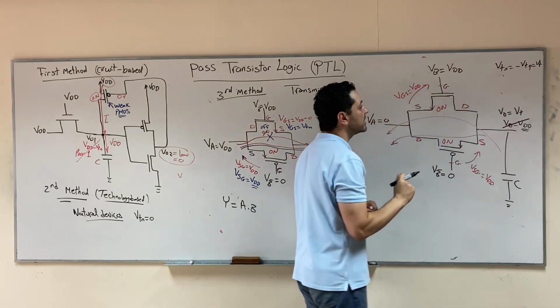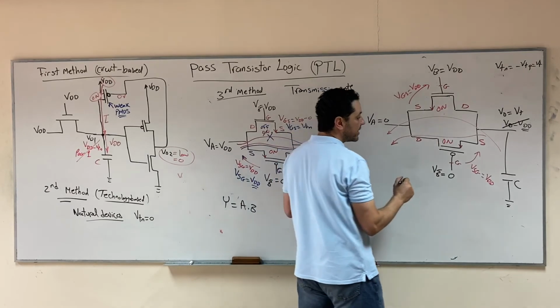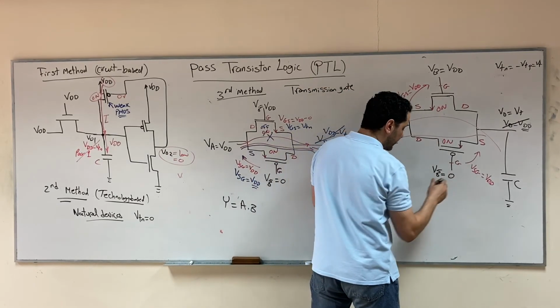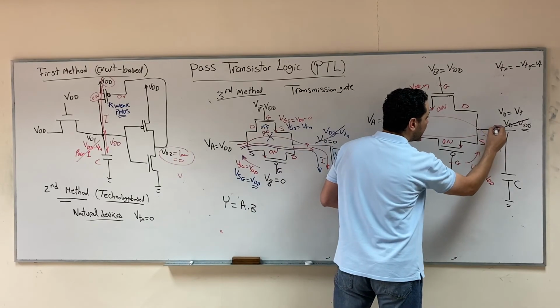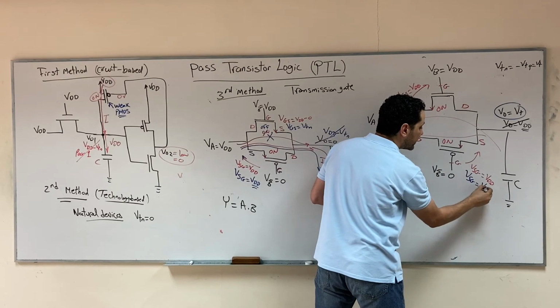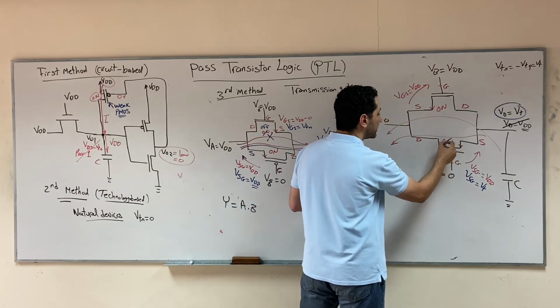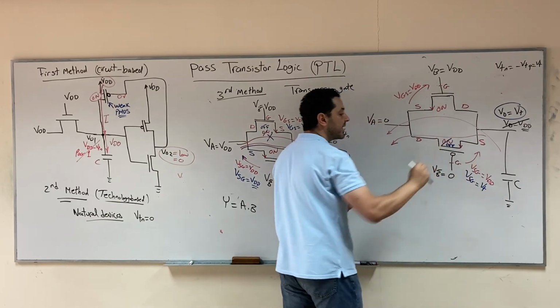Until V output reaches V threshold. Once V output reaches V threshold, we'll do it in blue, then VSG will be exactly V threshold. So this transistor will start to turn off because VSG will reach exactly V threshold.